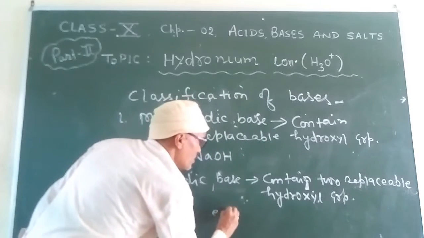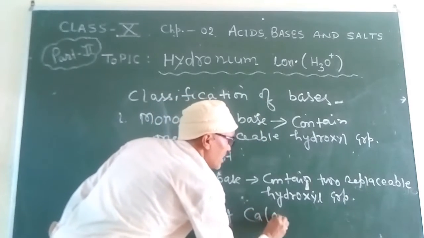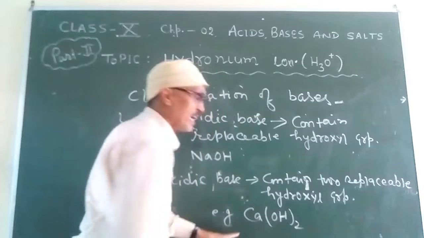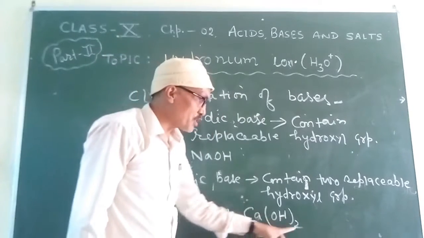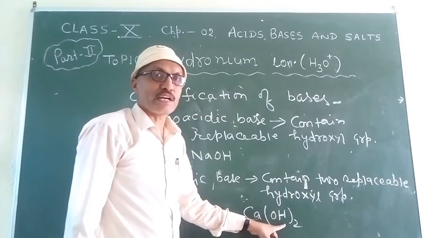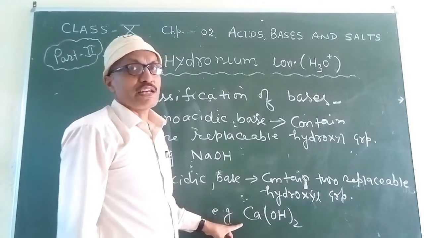Example, you can write here Ca(OH)2, calcium hydroxide. You can see here it contains two replaceable hydroxide ions, so it is diacidic base.